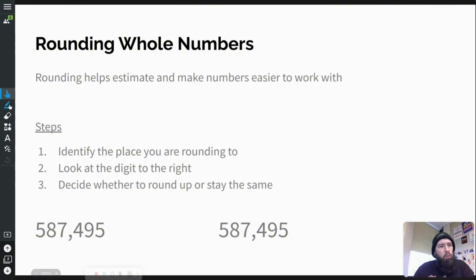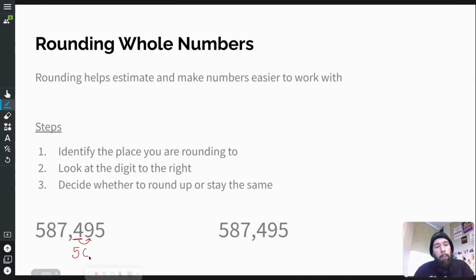For this one, let's round to the nearest 100. I'm going to look at my hundreds place value, tens right here, hundreds right there, and I'm going to look at the digit to the right of it. And I ask myself, 5 or above, give it a shove, 4 or below, let it go. Well, 9 is 5 or above, so you give the 4 a shove up to 5.